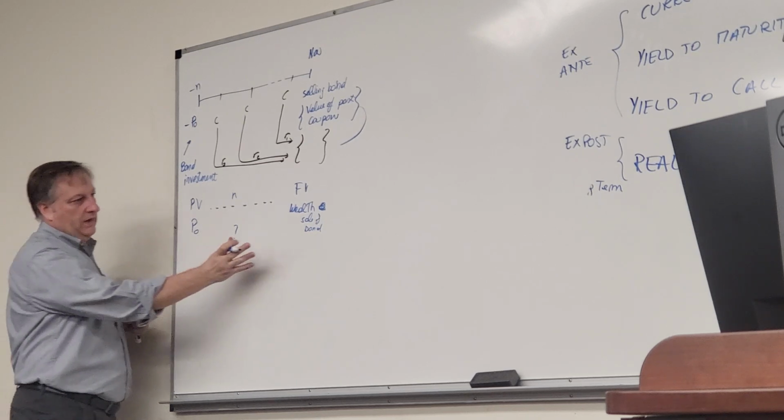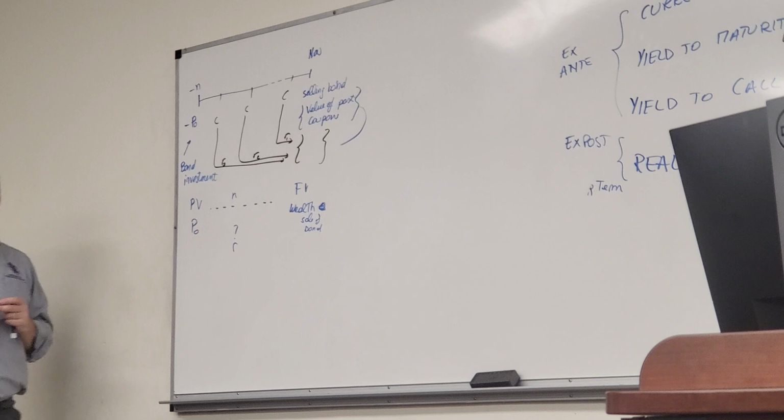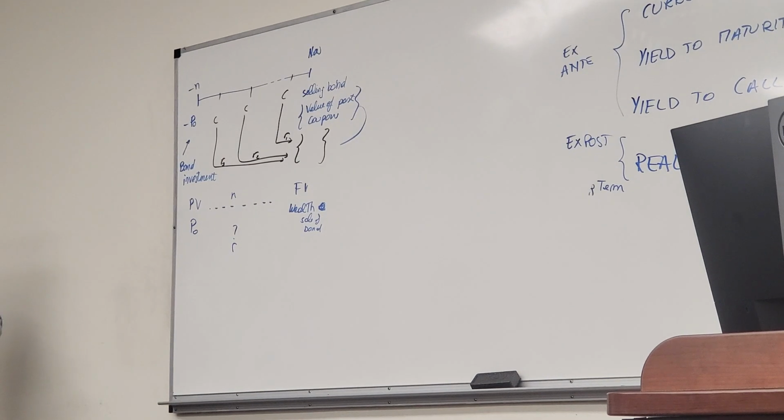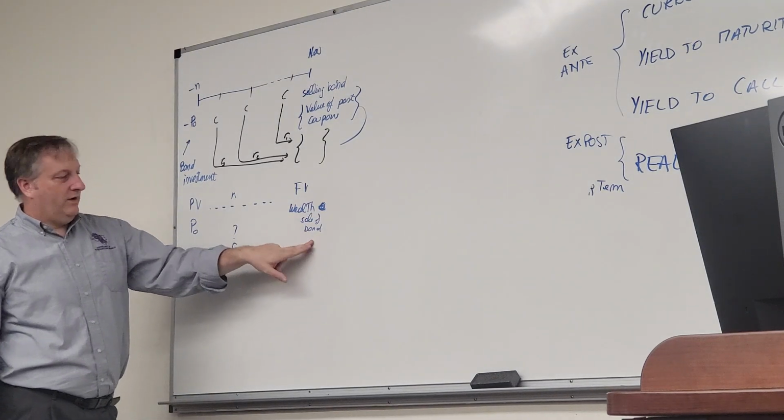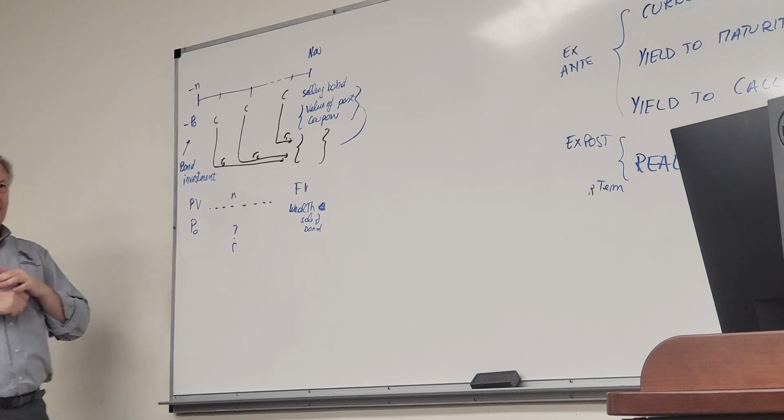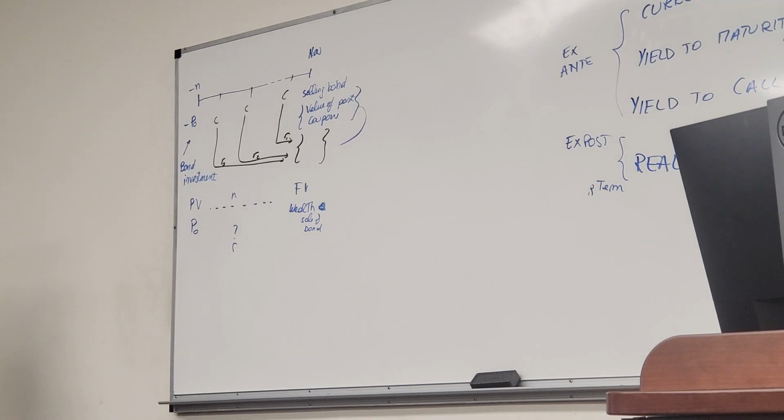Spent $750, I have $1,300 now. The realized yield answers exactly that question. It tells you the rate of growth of your initial investment. So how do we find the answer? What does that say under the future value? Wealth, plus sale of bond. So this is the general idea of what we're trying to do here. So how do we do it?